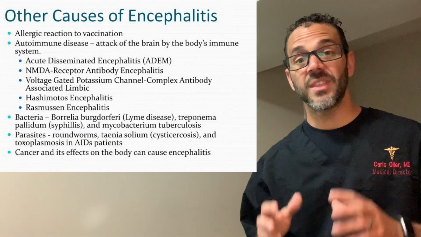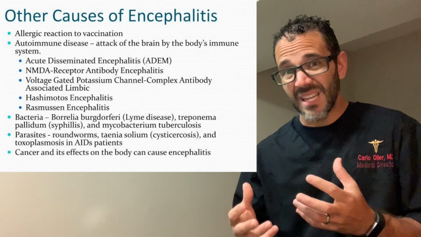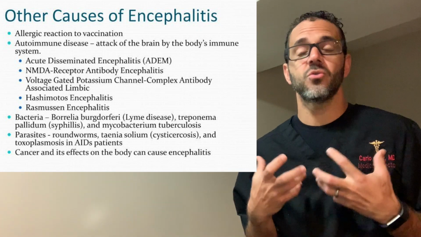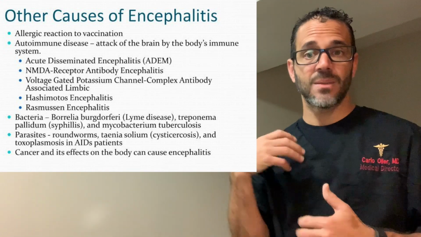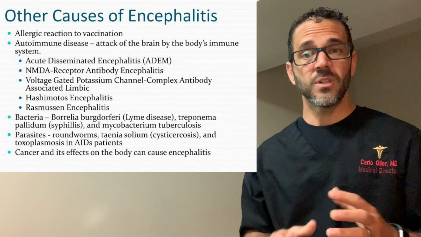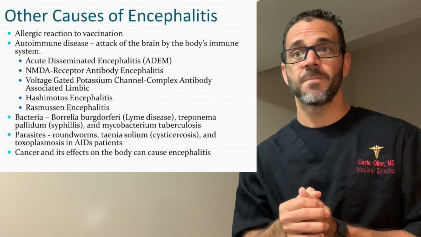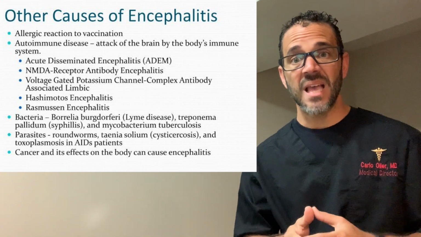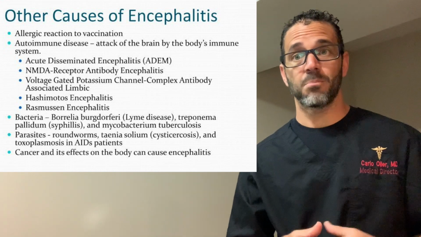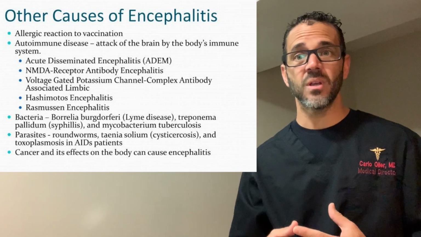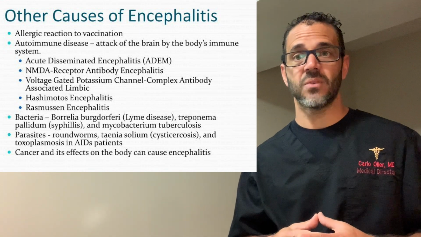Let's first talk about the other causes of encephalitis. These include allergic reaction to medications and vaccinations, or anything introduced into your body that creates a reaction and then attacks the brain in response. Autoimmune disease has many different subclasses of encephalitis: acute disseminated encephalitis, NMDA receptor antibody encephalitis, voltage-gated potassium channel complex antibody, Hashimoto's, which has to do with the thyroid, and Rasmussen's encephalitis.